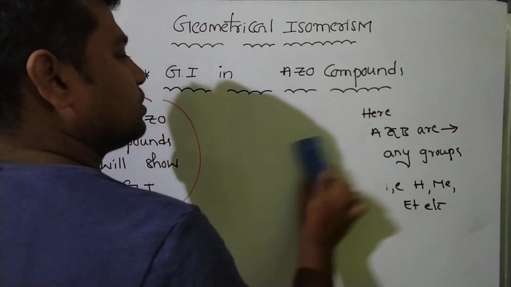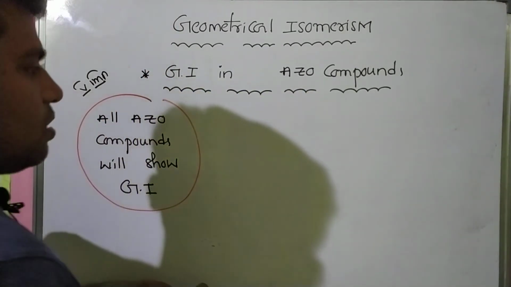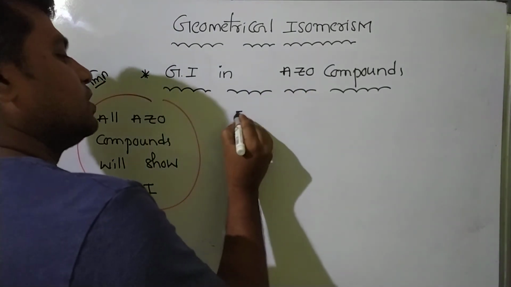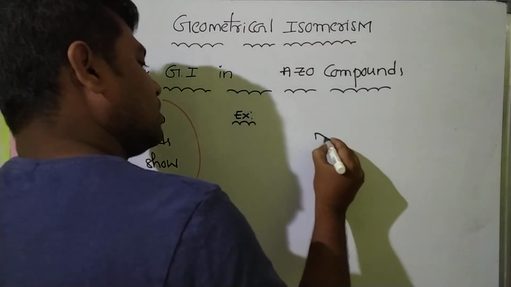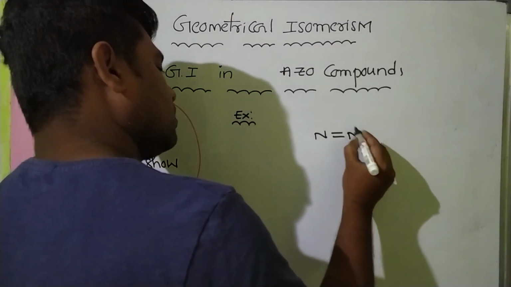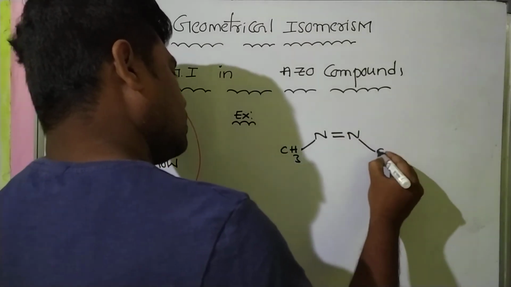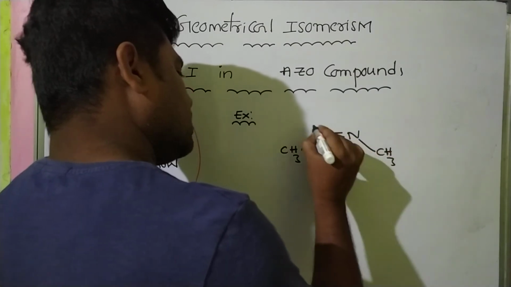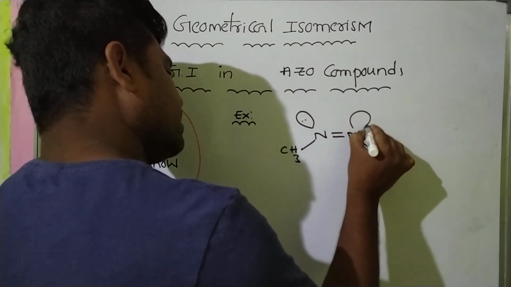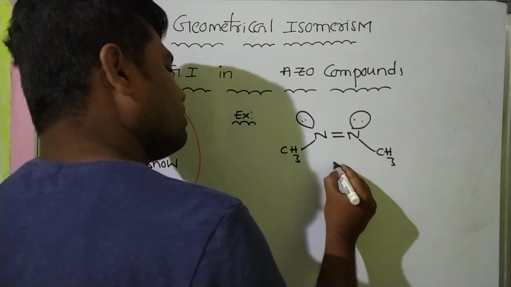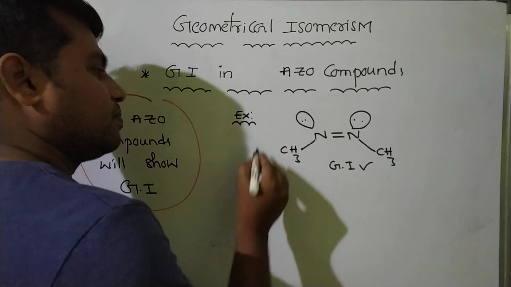Some examples. This is azomethane. It will exhibit geometrical isomerism.